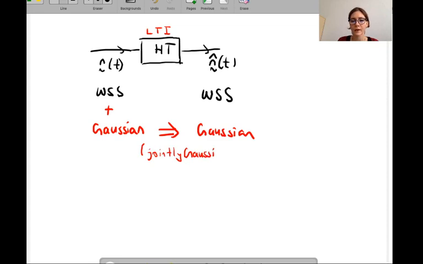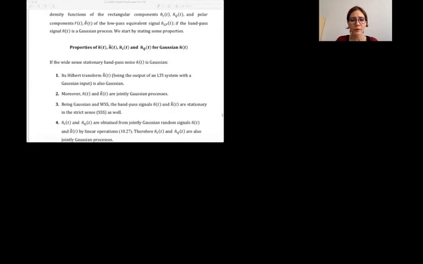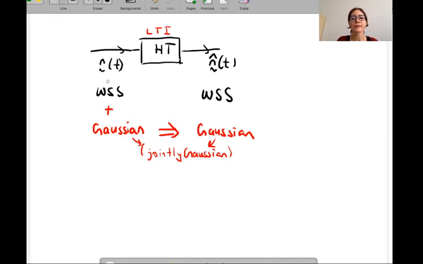So they are jointly Gaussian: N hat of t and N of t. Now, the input process is a Gaussian process, which we assumed, and it was also a wide-sense stationary process. Remember, in general, a wide-sense stationary process does not have to be stationary in the strict sense, but we showed that if we assume the process to be Gaussian, then wide-sense stationarity implies strict-sense stationarity.